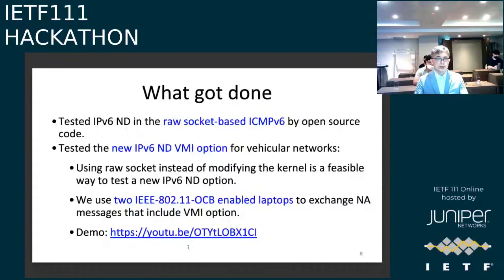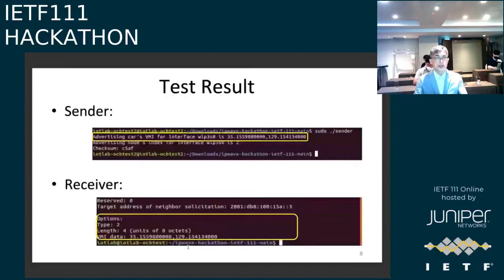Last time, we tried modifying the kernel, but it is not easy. So this time, we showed the feasibility of a raw socket approach. We tested two IEEE 802.11 OCB enabled laptops exchanging NA messages that include the VMI option. Next slide, please.